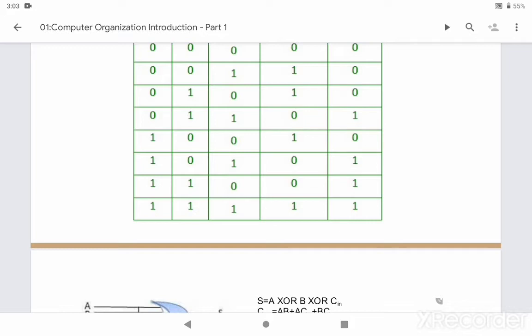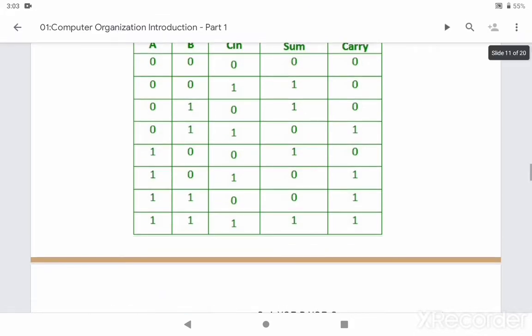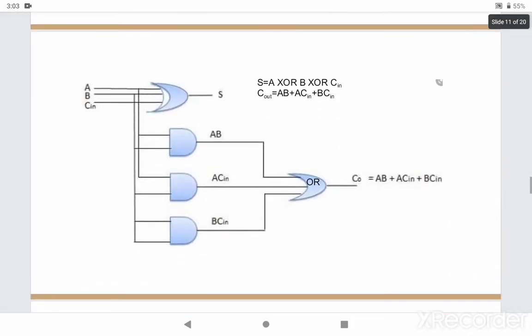Again 1 plus 1 plus 0 gives you the answer 2, which is 1, 0. 0 is the sum and 1 goes to the carry part. Then 1 plus 1 plus 1: 3 ones are here. Then the answer is 3. Its equivalent is 1, 1. So it is 1 for sum, 1 for carry.